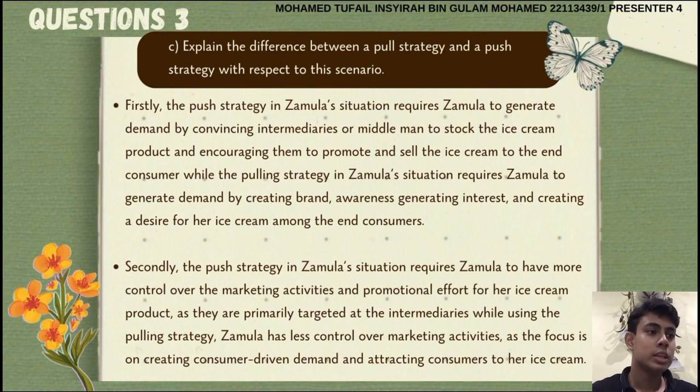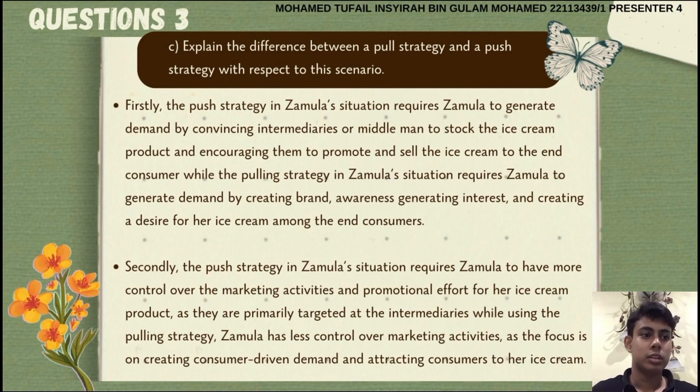Firstly, the push strategy in Ahmad's situation requires Ahmad to generate demand by convincing intermediaries or the middleman to stock the ice cream product and encouraging them to promote and sell the ice cream to the end consumer, while the pull strategy in Ahmad's situation requires Ahmad to generate demand by creating brand awareness, and through this it will generate interest and create a desire for his ice cream.